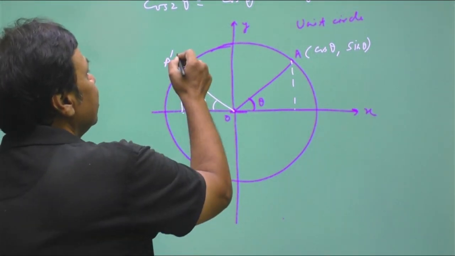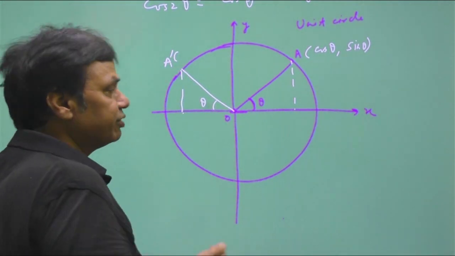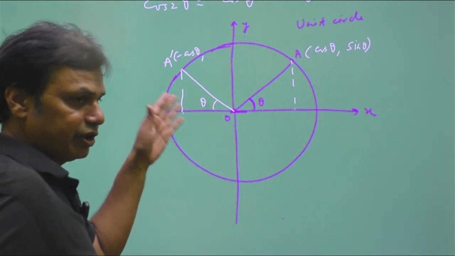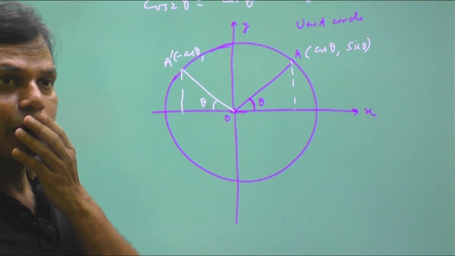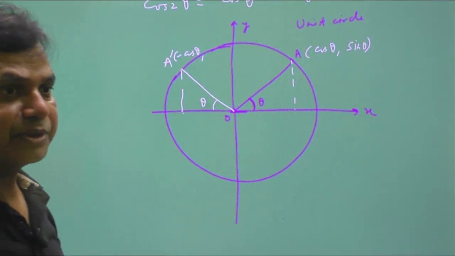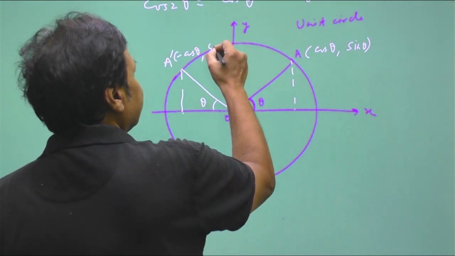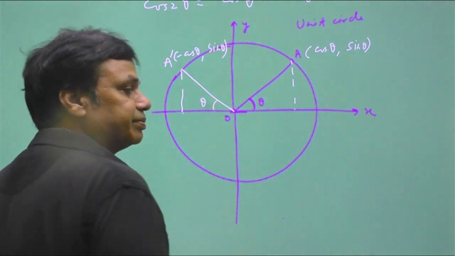So the x coordinate of A dash will be minus cos theta. The x coordinate in this quadrant is written with a minus sign, and the y coordinate will be sin theta.